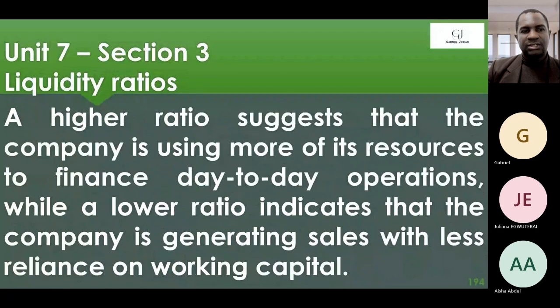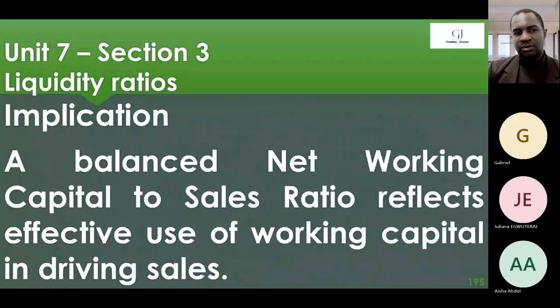Okay, so from that result, let's look at its implication. Now, the implication is that a balanced net working capital to sales ratio reflects effective use of working capital in driving sales. So balance is what we are talking about. So what amount of your net working capital to your sales is a balanced one? It will depend on your interpretation and the industry where you are domiciled.